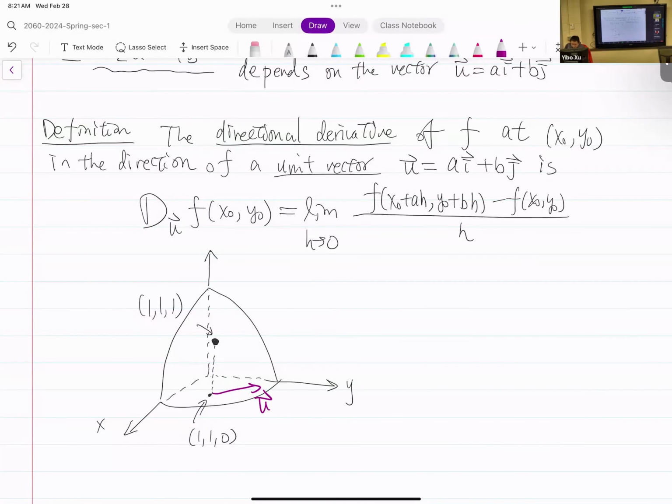So what's going on here? This direction u will determine a plane that's actually vertical to the xy plane. You somehow need to imagine that the dashed black line and this vector u, these two directions, will form that plane that's perpendicular to the xy plane at the bottom.